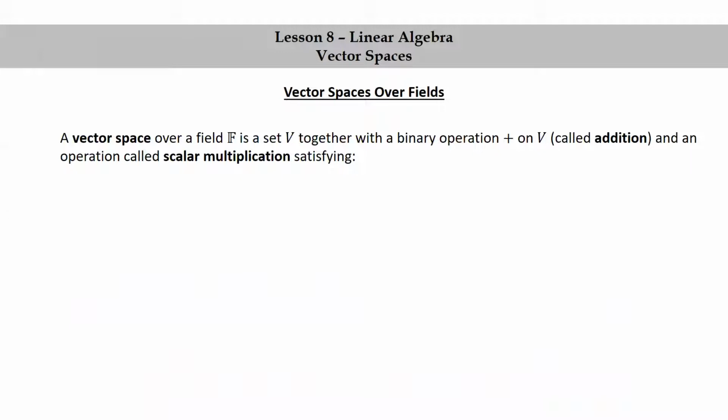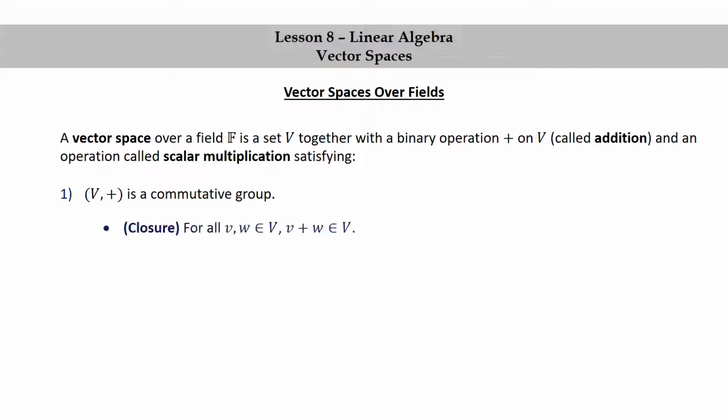A vector space over a field F is a set V together with a binary operation plus on V called addition and an operation called scalar multiplication satisfying the following properties. The first property is that V together with addition is a commutative group.